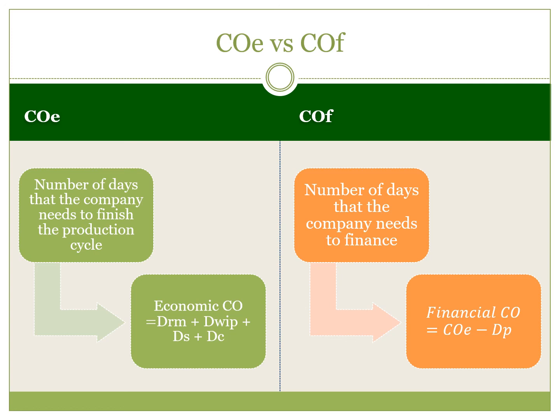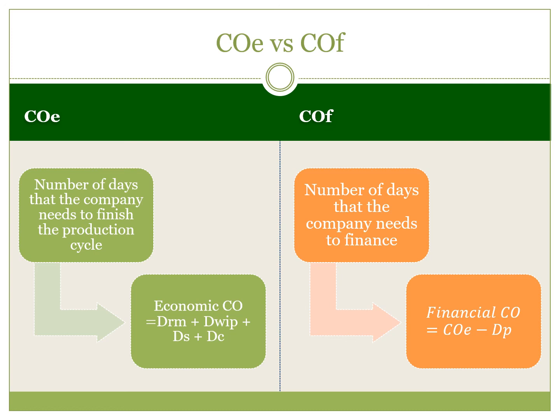But this is not the most common situation. The most common situation is that the company has some days, some margin, in order to pay. So the company is buying now and it will pay in a few days. Let's imagine that the providers are asking the company to pay in 15 days.